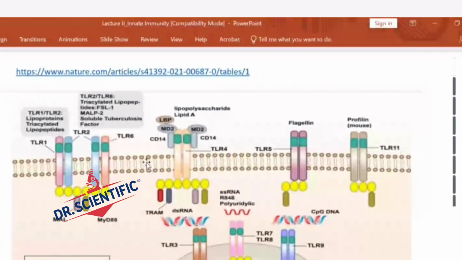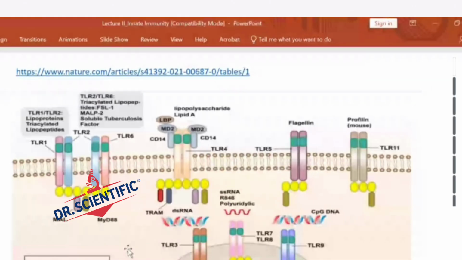This is the cell membrane. If you're able to see, this is the lipid bilayer of a cell membrane. So this is an innate cell. It could be a neutrophil, it could be a macrophage, it could be a natural killer cell, but not necessarily natural killer, because natural killer cells are a bit specific.